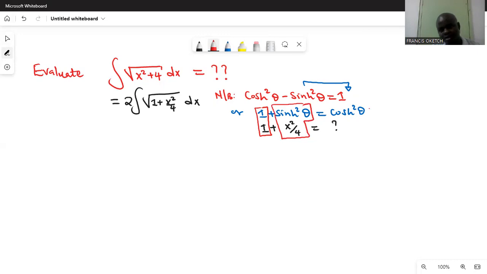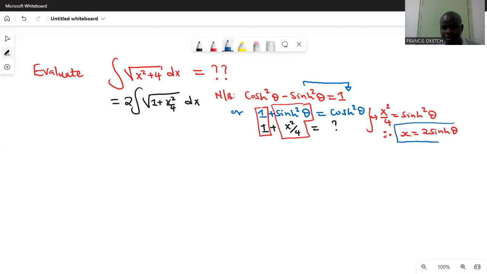So from here, we conclude that x squared over 4 is equal to sine hyperbolic squared theta. Therefore, x will be equal to 2 sine hyperbolic of theta. So that is the substitution that we need to make.